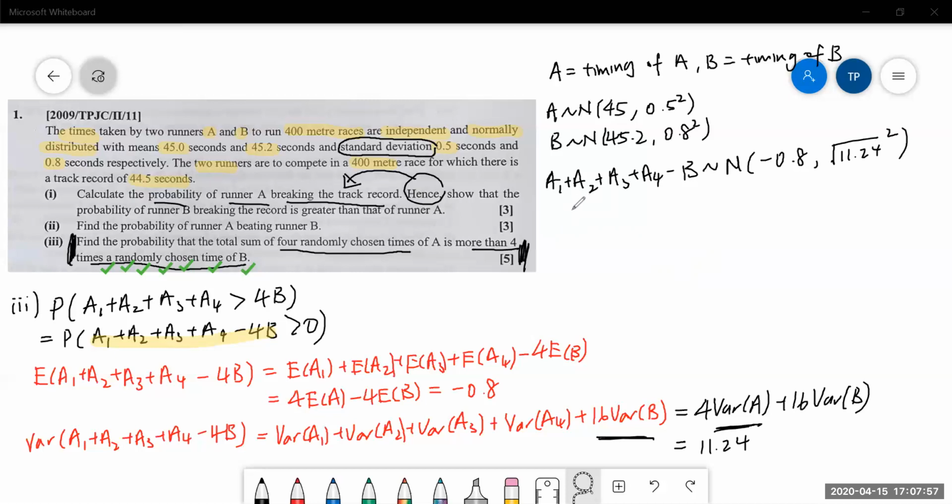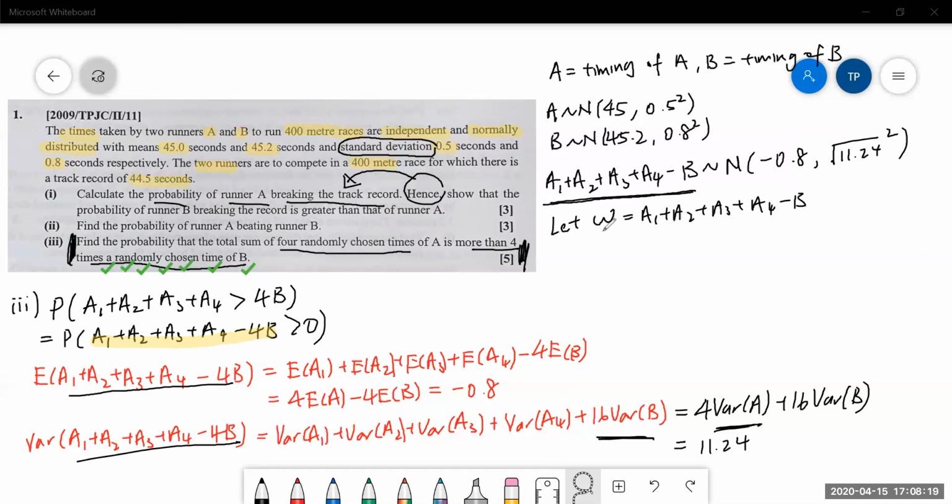Actually, a better way will be to let this whole thing be something like W, equals A1 plus A2 plus A3 plus A4 minus 4B. If not, I keep repeating this and need to rewrite again.